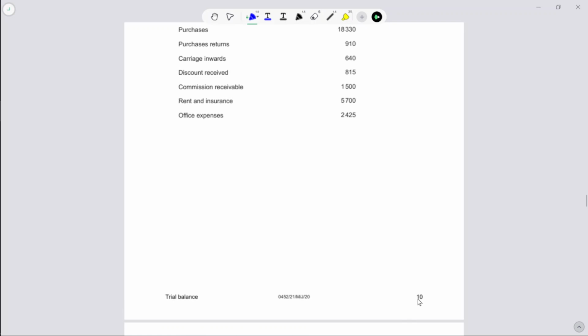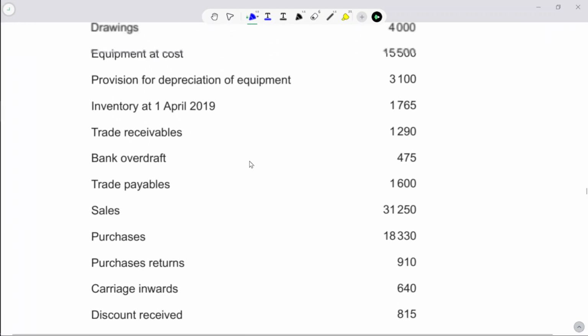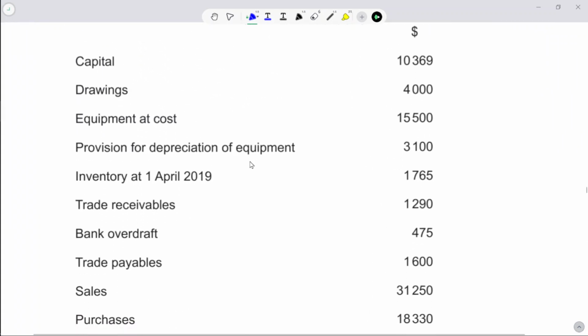Now let's go to page 10. For capital, we credit. For drawing, we debit. Equipment is an item, so it's an asset, so we debit.